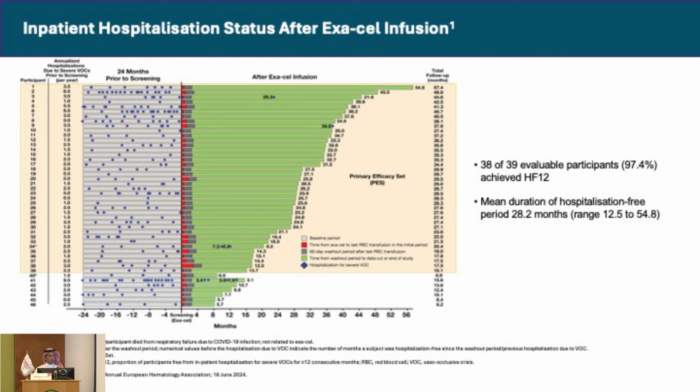This shows the days that were free of inpatient hospitalization, and again, as you can see, this patient who had the bone marrow biopsy, and this patient who had parvovirus infection.